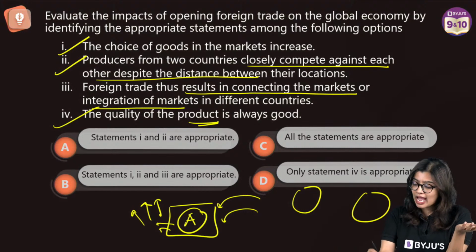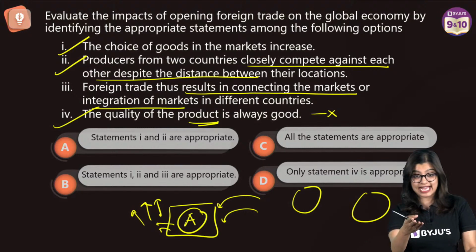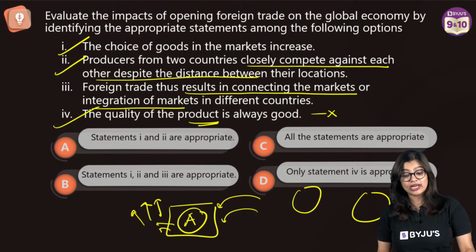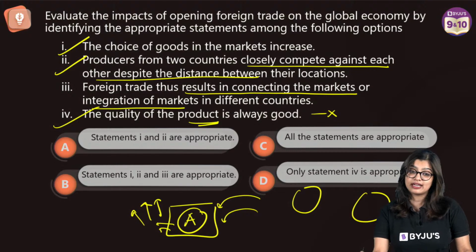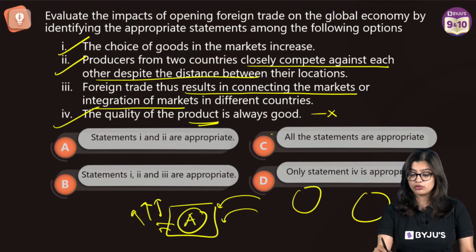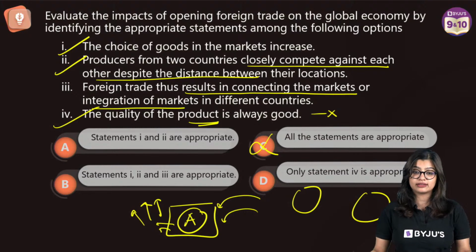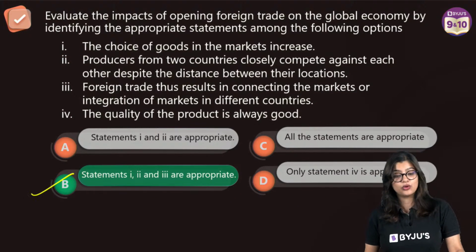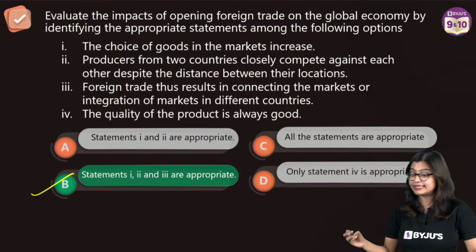No, right? Absolutely not. It's not that it is always going to be good. Yes, exactly, Aditya. It depends upon multiple factors. So in this case, can you say that all the statements are appropriate? No, you can't say all are appropriate. Can you restrict yourself only to 1, 2 and 3? No. So in this case, what would be the answer? Answer here would be option B. So pay attention to the statements clearly.